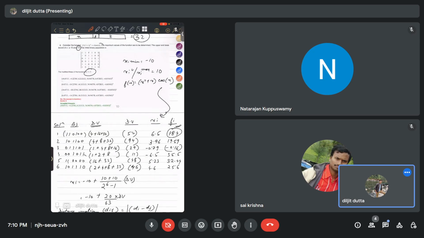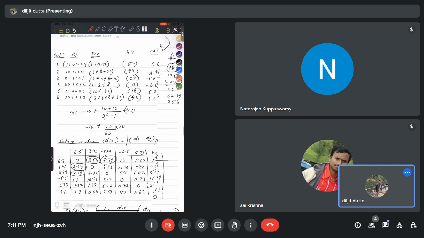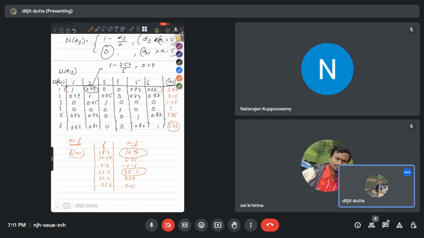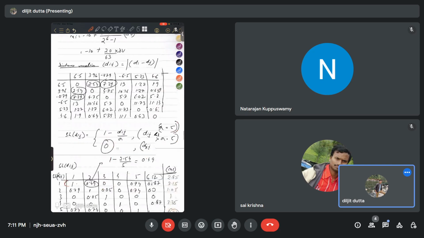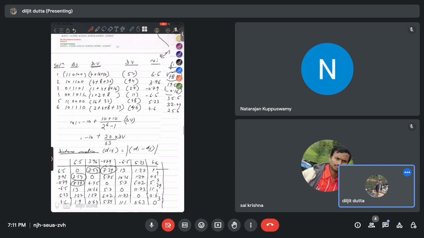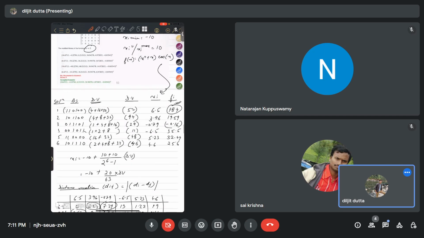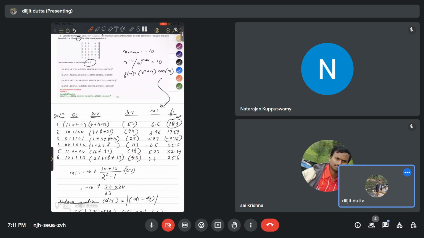There is some mistake or what? This value is fine, approx 30, this is approx 16.9. 6.2 is coming fine. So yeah. 4.8 and minus 0.83.